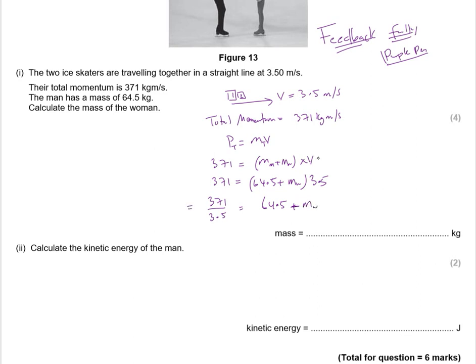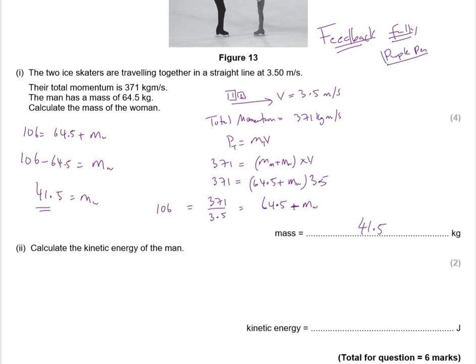So if we do this on the calculator, this would be 106. And therefore we need to work out the mass of the woman. So we know that this is equal to the mass of the man plus the mass of the woman, so therefore 106 take away 64.5 is equal to the mass of the woman. This will be our answer there.